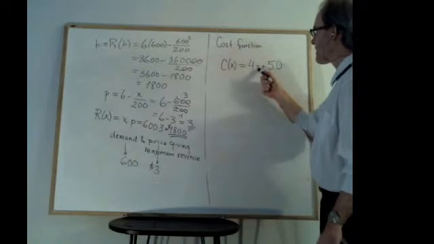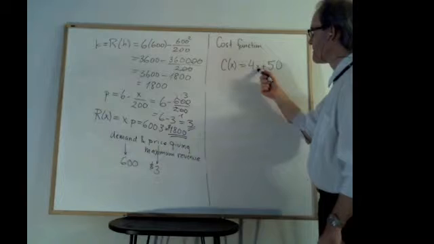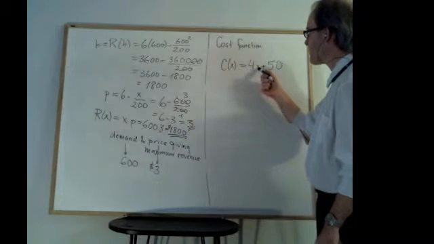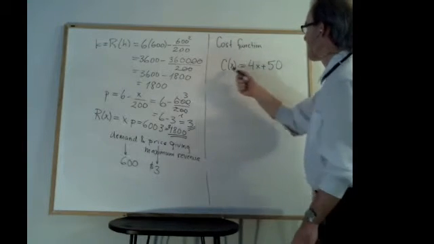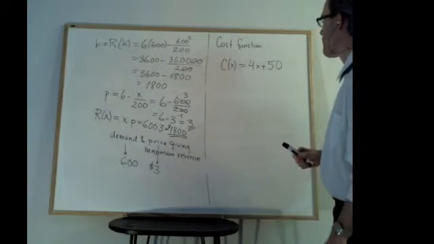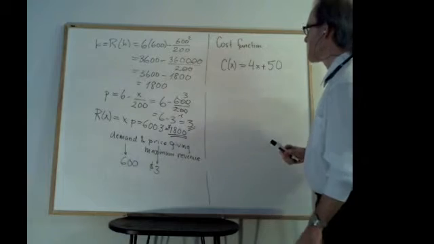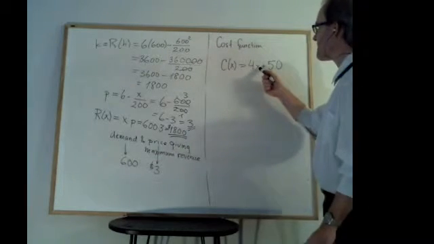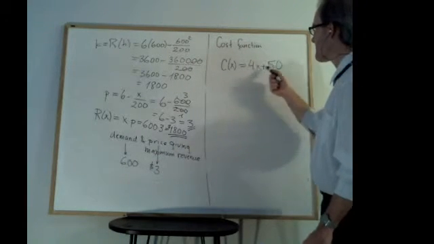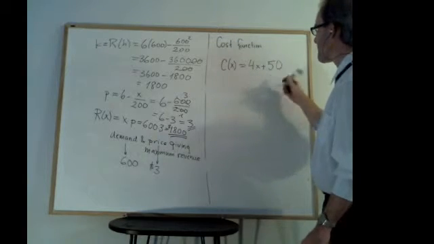Obviously it's increasing, because the more items you produce, more items x that are being produced in order to meet the demand, the greater the cost of producing those items. And if you don't produce any items at all, x equals 0, then there's still this so-called fixed cost.